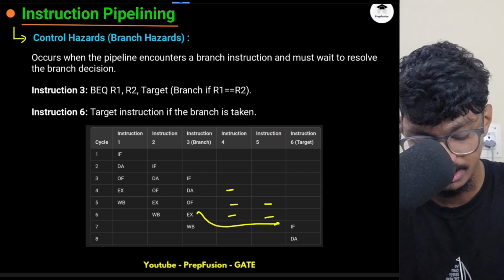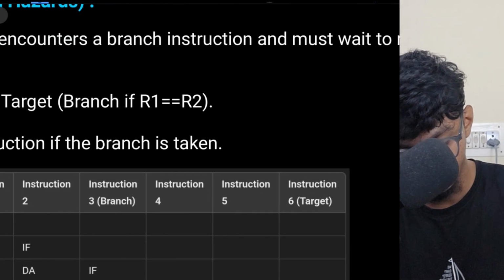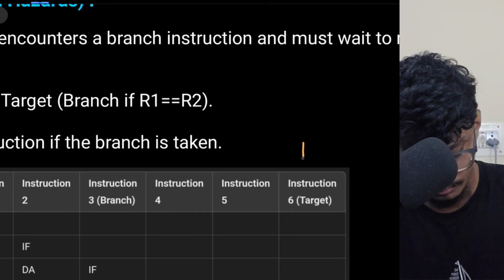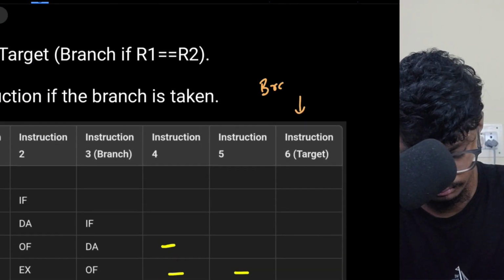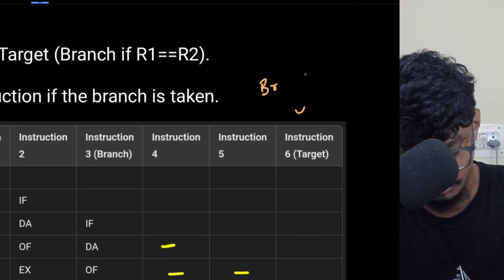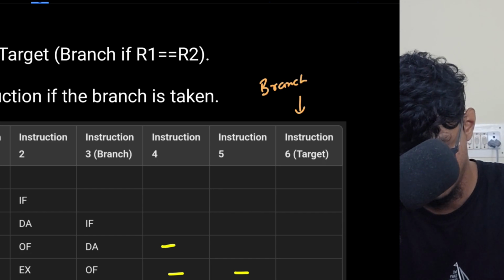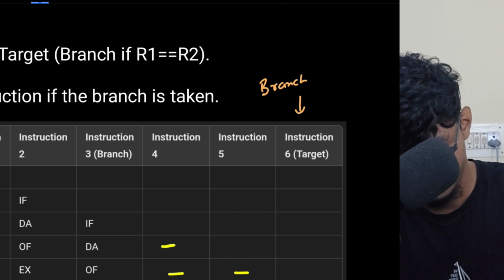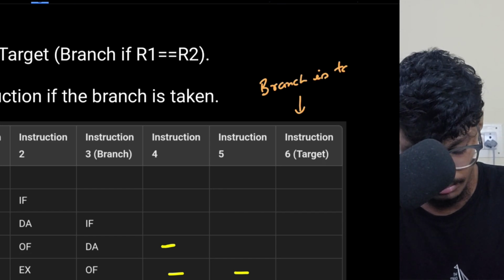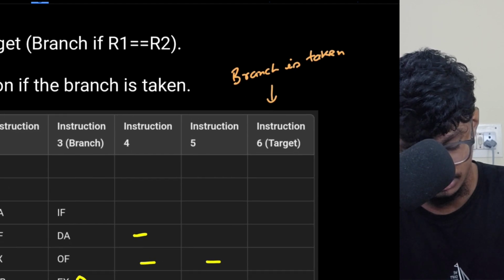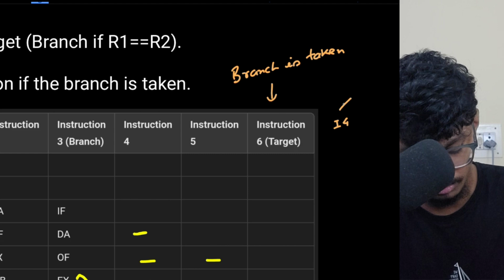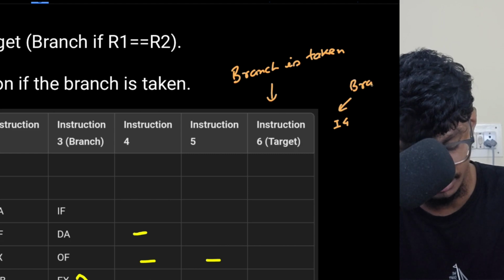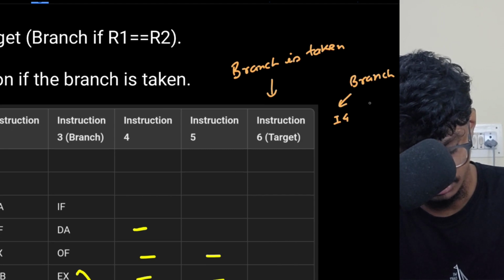And if the branch is not taken, simply I4 will be fetched and executed.